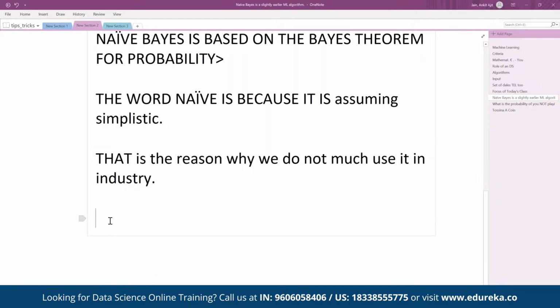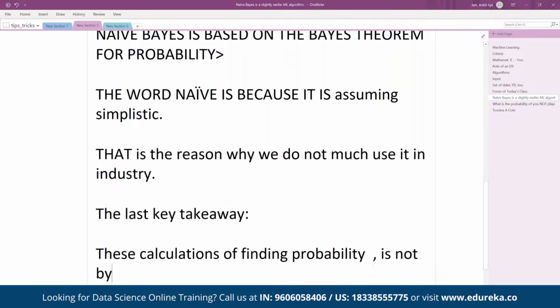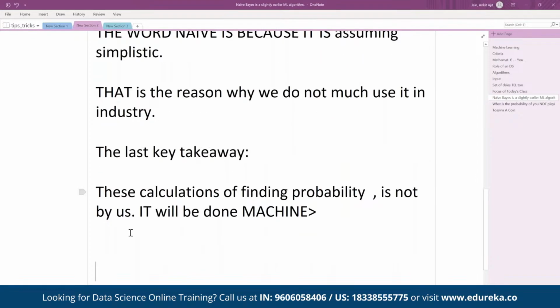Okay, the last key takeaway for you will be that these calculations of finding probability are not done by us. Who will do this? It will be done by the machine. That's why it's a machine learning algorithm. But what are we understanding?